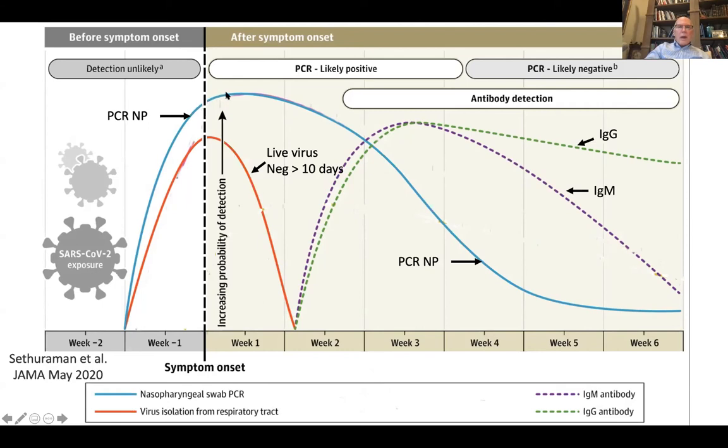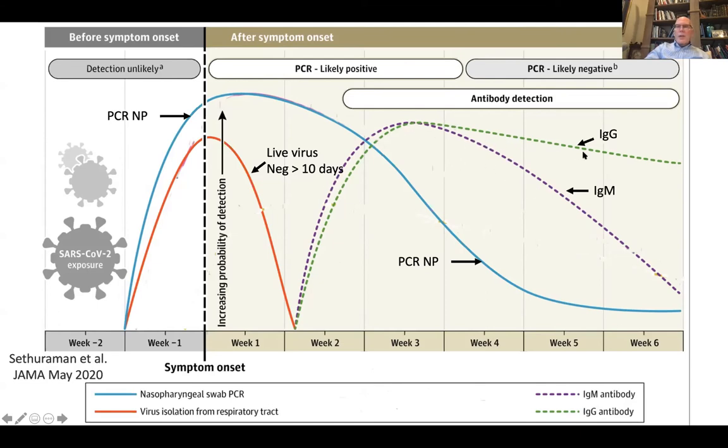And it goes very high, but at day 10, the culture is negative, but the PCR persists and can persist for weeks. This is a result of RNA that's being released from dead virus that persists in the body. And then finally, as we mentioned, at day 10 or 11, about the time the virus disappears from culture, the IgG begins to be produced and the IgM begins to be produced.